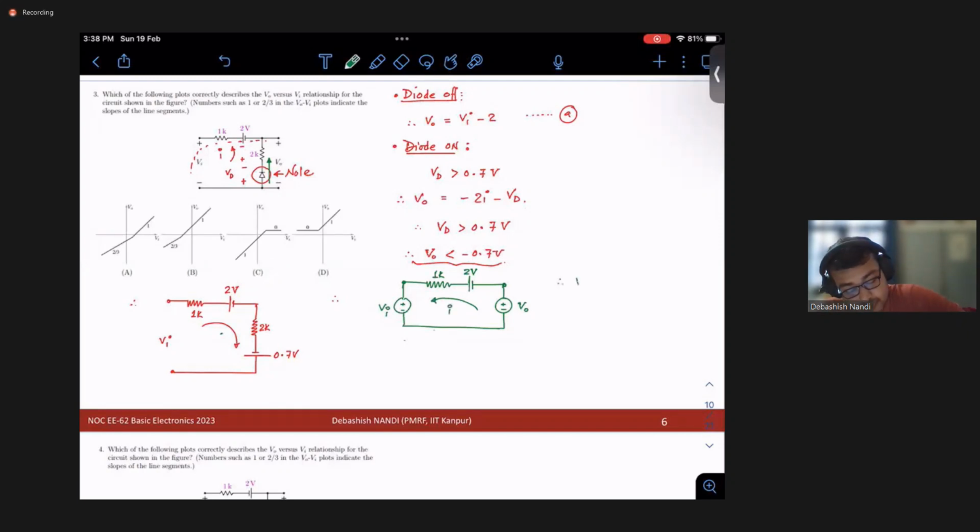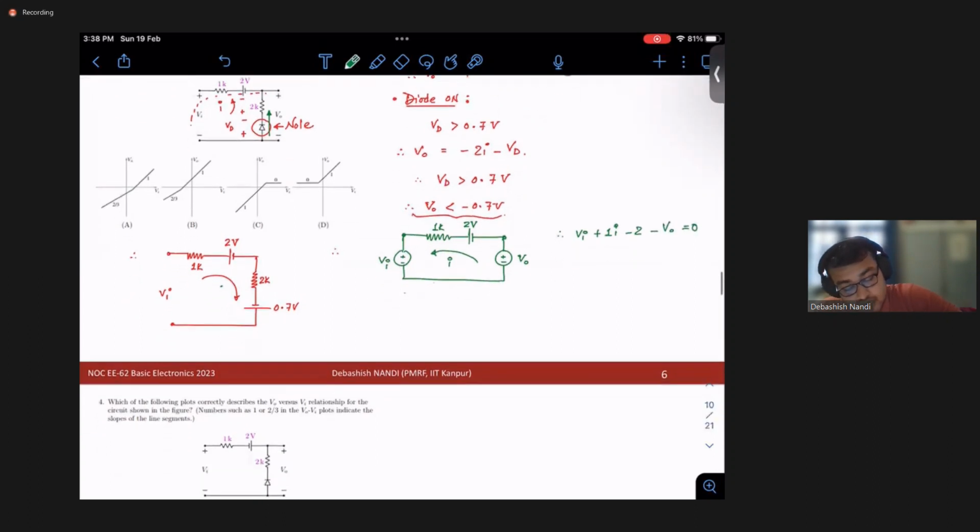So your Vi is minus 2 plus I, then again plus 2, minus V naught is equal to 0.